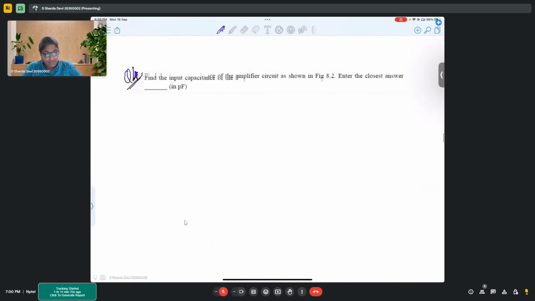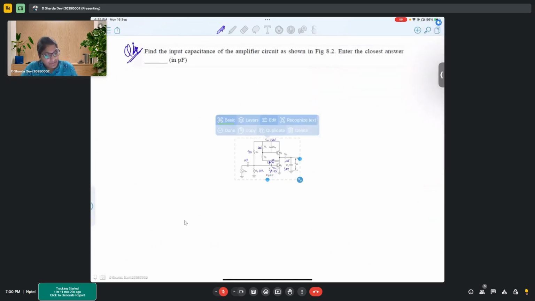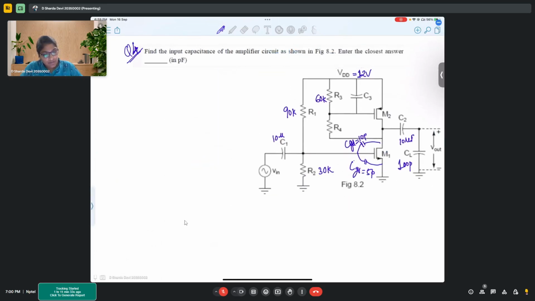So moving on to the next problem, it's connected to the same previous problem. Here you have to find the input capacitance of the amplifier circuit shown in 8.2. If an AC signal is given, the input capacitor would be shorted.